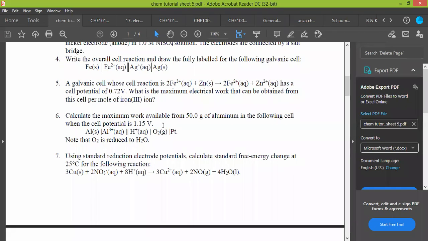Now, since we have found the number of moles that are being transferred, we can now easily calculate the energy or the work done, because we already have the equation G, which is the same as work done, W. So W is equals to minus NFE, because you are calculating for work done. So the symbol you use is W, though it is the same as free energy. So W is equals to minus NFE.